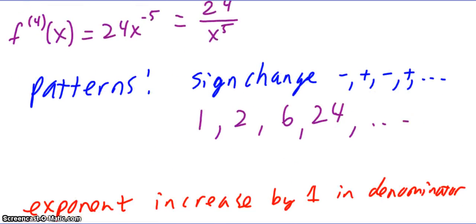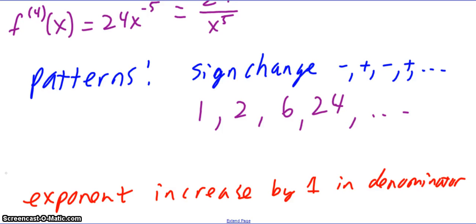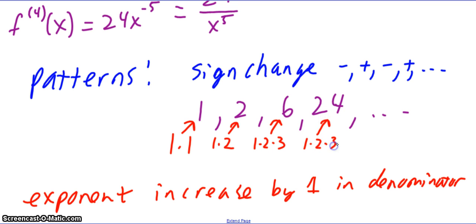So what am I actually doing? Well, I multiplied 1 times 1 to get 1. I multiplied 1 times 2 to get 2. I multiplied 1 times 2 times 3 to get 6. And I multiplied 1 times 2 times 3 times 4 to get 24.